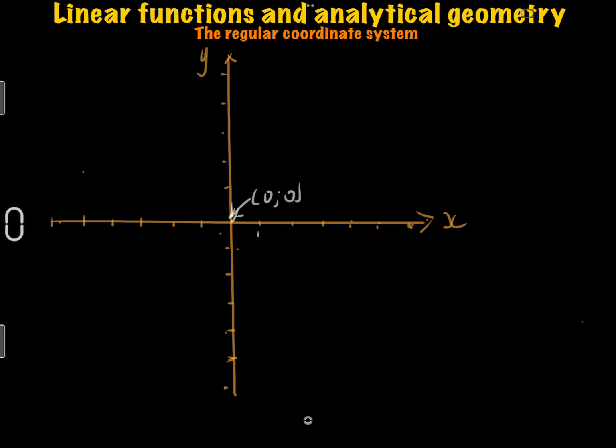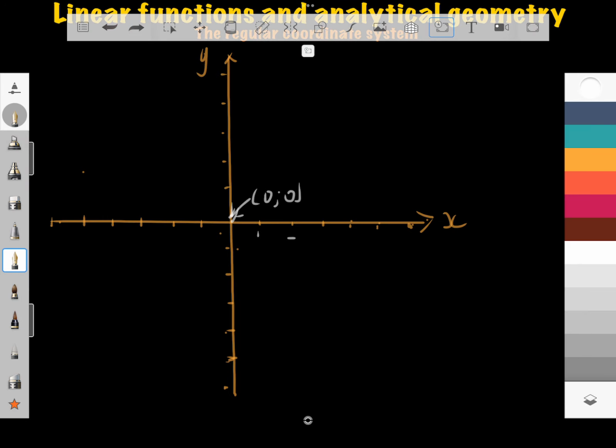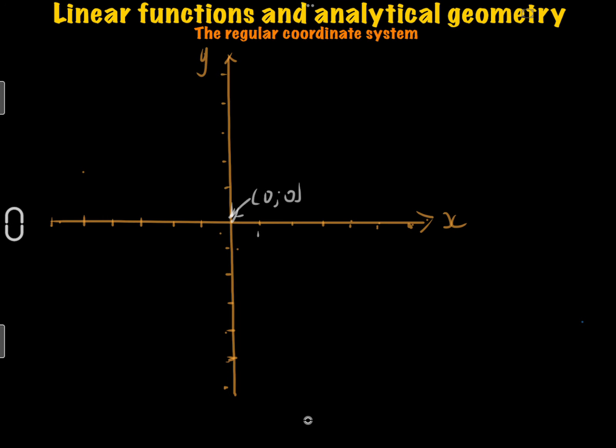So we have 1, 2, 3, 4, 5, 6, and then here we have -1, -2, -3, -4, -5, -6.